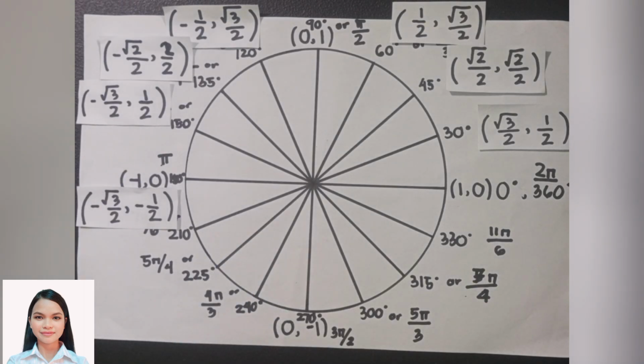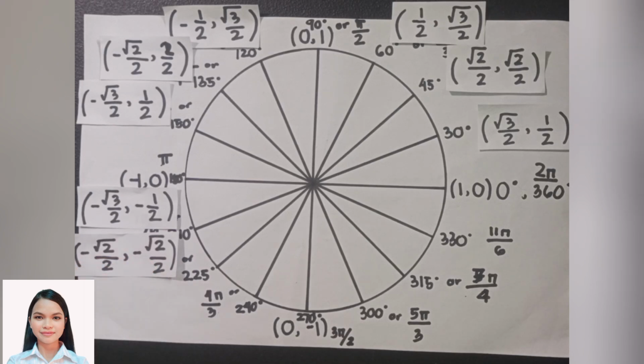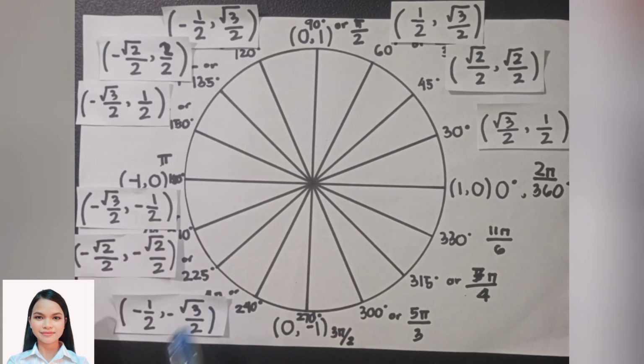For 225 degrees, it is negative square root of 2 over 2 and negative square root 2 over 2. And for the 240 degrees, the ordered pair is negative 1/2 and negative square root 3 over 2. And for 270 degrees, the ordered pair is 0 and negative 1.